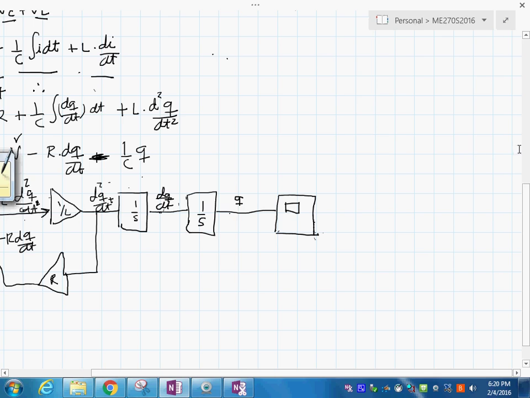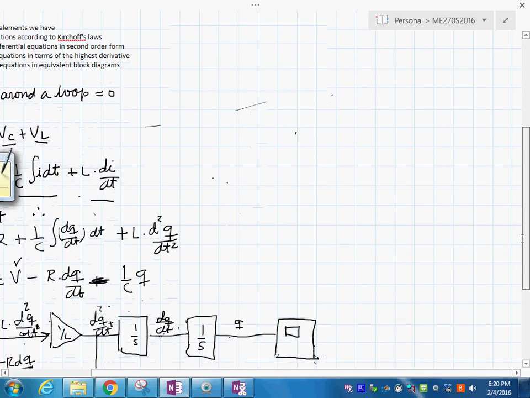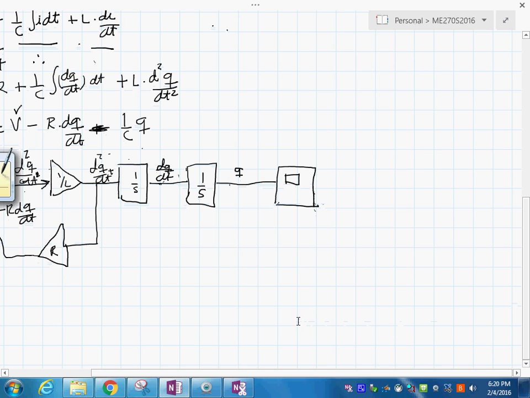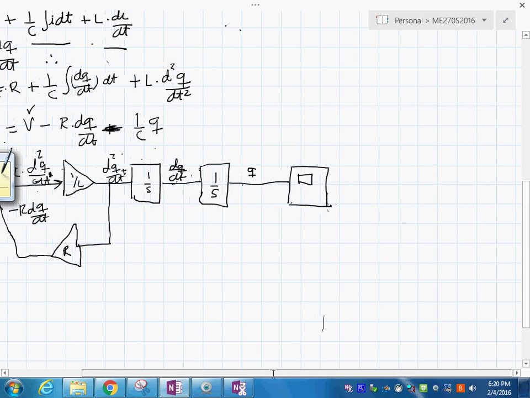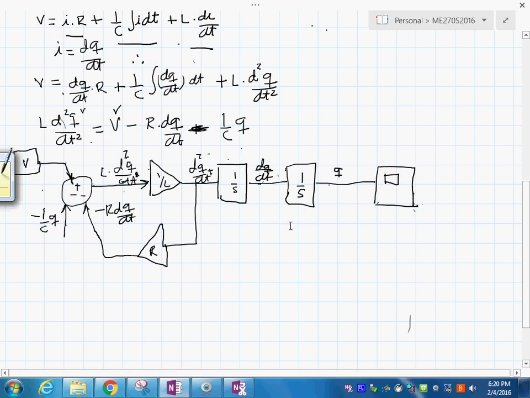Okay, so you see we go completing the block diagram now. This is q, so we pick q from here and put it through the gain of, I believe, 1 over C. Completing it here, you have to move the R, moving it past the integrator.